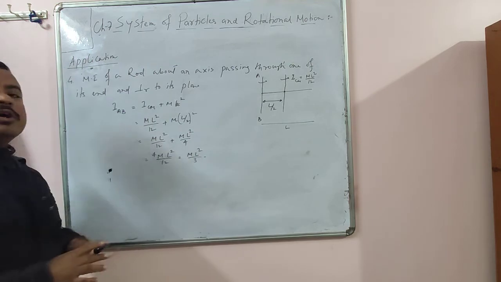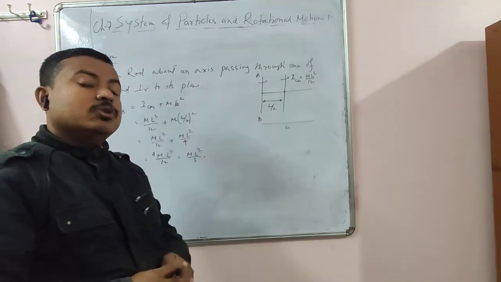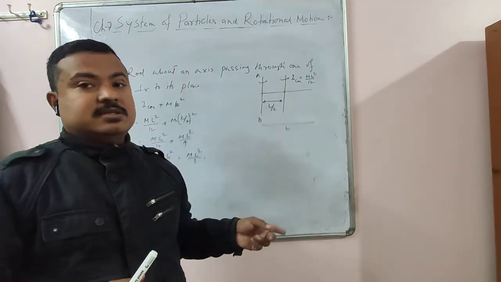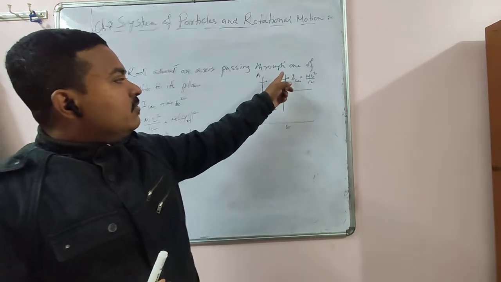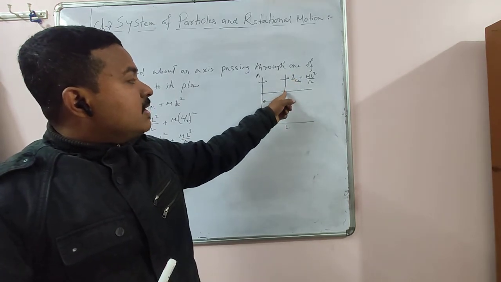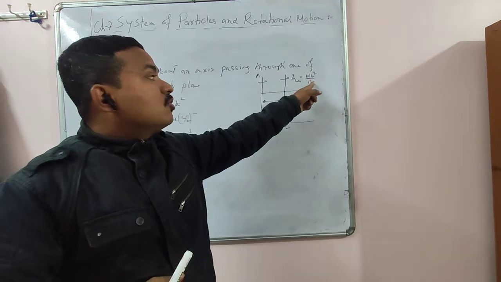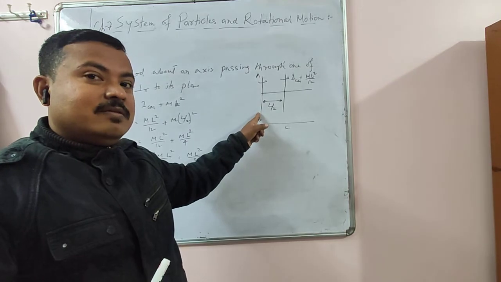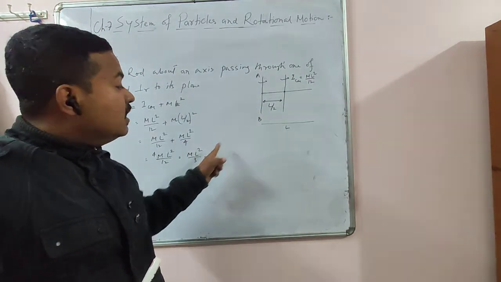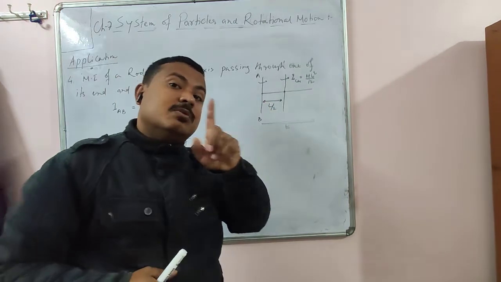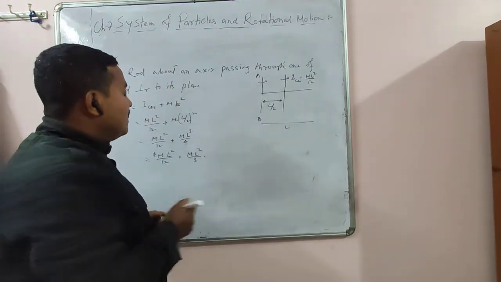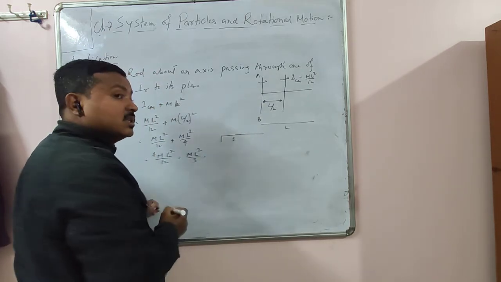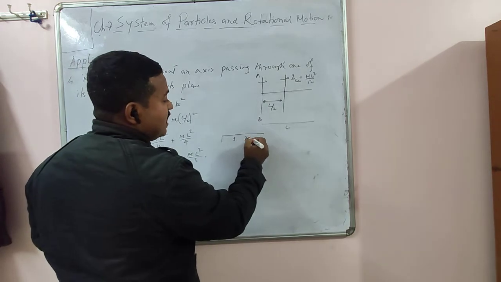So this way you can find out moment of inertia about any other axes. So you have to remember the moment of inertia of the rigid body at different axes. Say for example, moment of inertia of the rod about an axis passing through center is ML square by 12. But moment of inertia of the rod about an axis passing through one end is ML square by 3. So you have to remember the formula along with the axis of rotation. Like as I have given you earlier, moment of inertia of ring about an axis passing through center normal to plane is MR square.